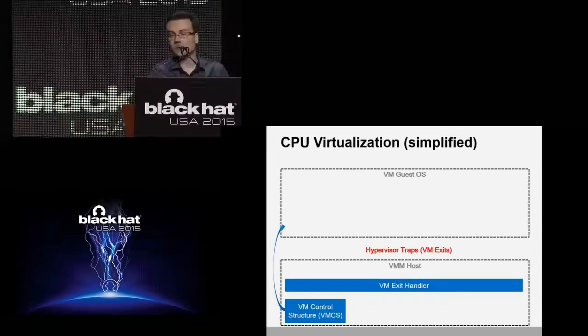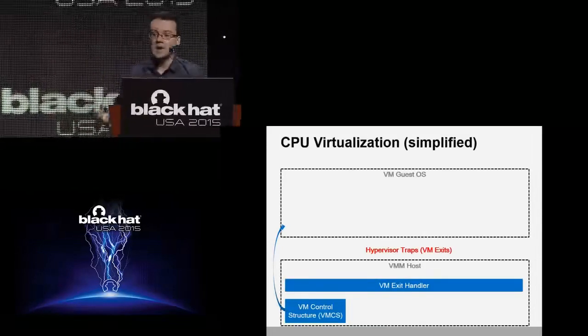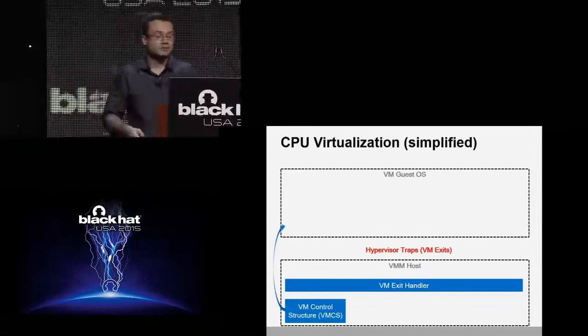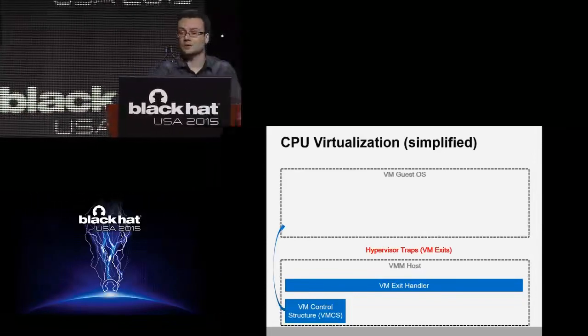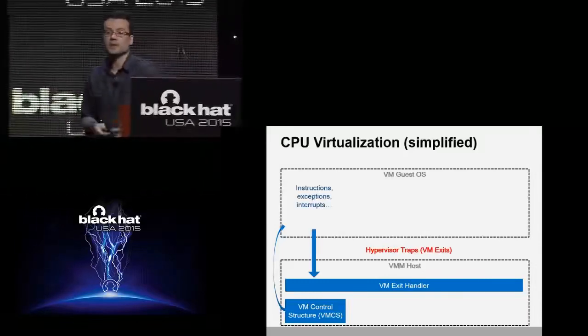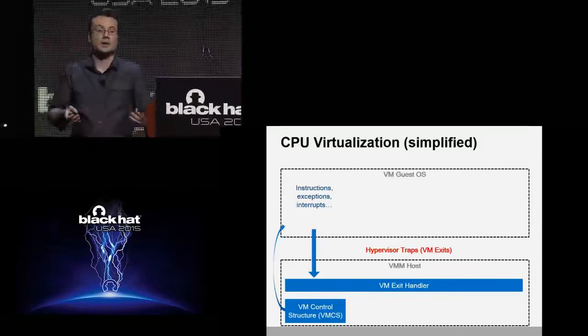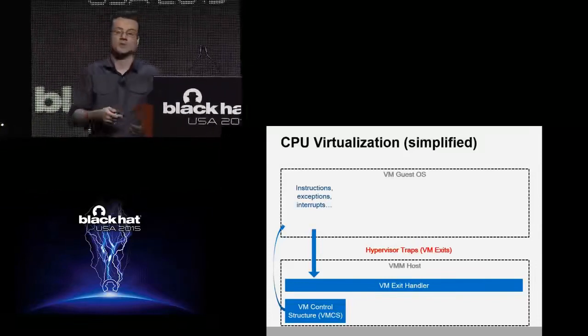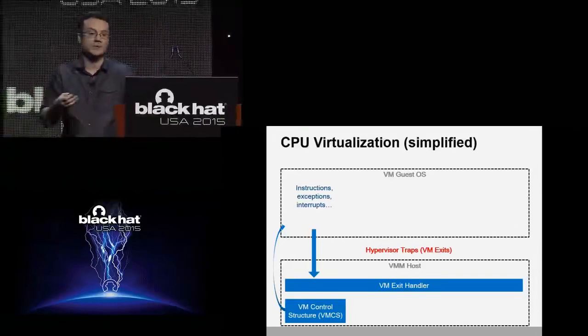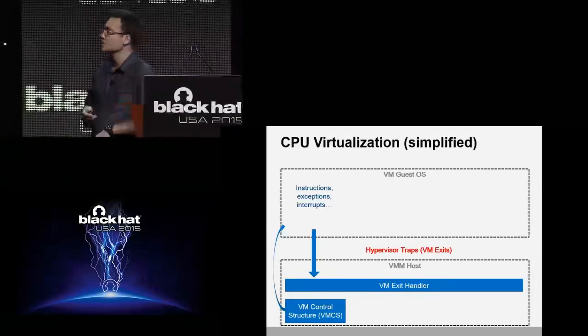There's a piece of code that handles events from within the virtual machine, and those events are called VM exits. The VM exits can occur as a result of execution of specific instructions, either unconditionally or conditionally, depending on the specific settings within the VMCS structure.